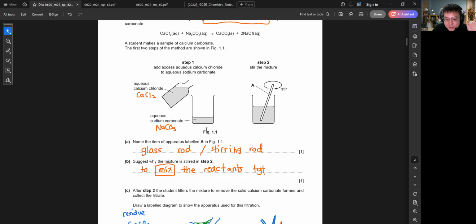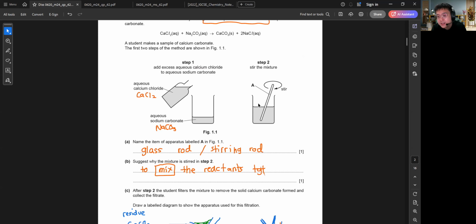So let's look at part A. Name the item of apparatus labeled A. So especially for exam students, you should have a list of all the chemistry lab apparatus, the stuff that we use in the lab, all drawn out and labeled nicely in your study notes.